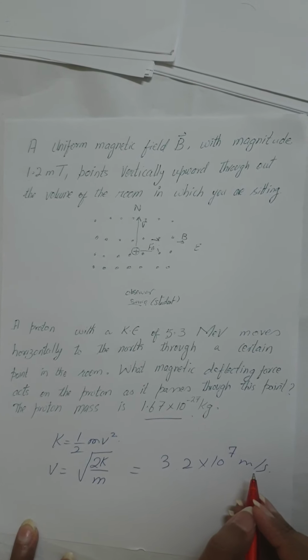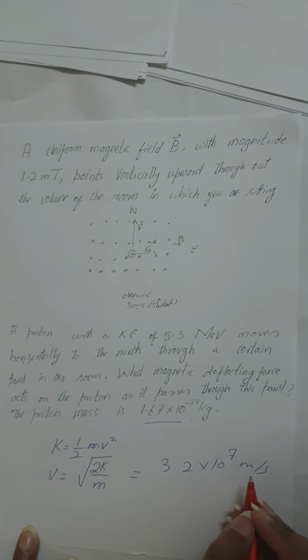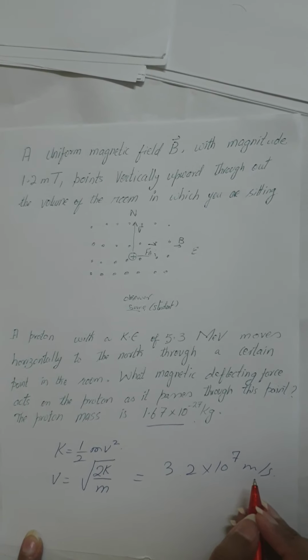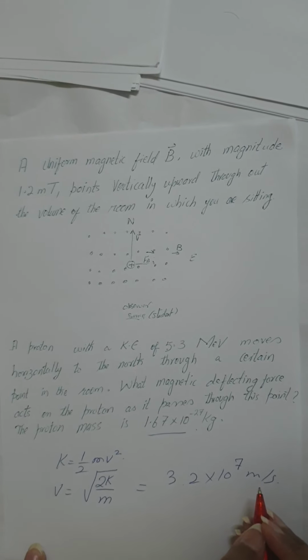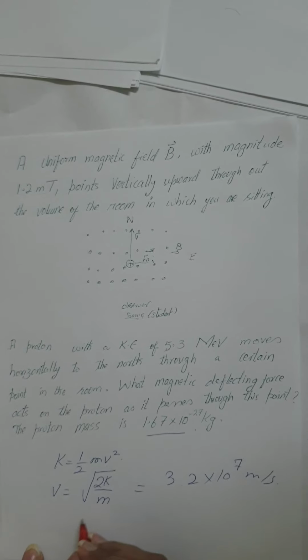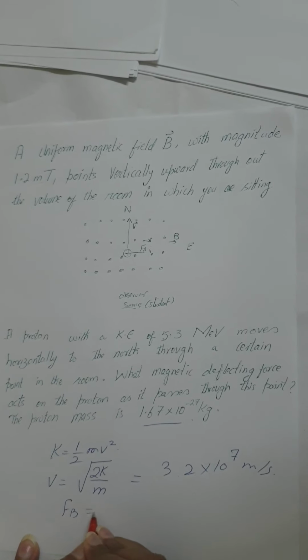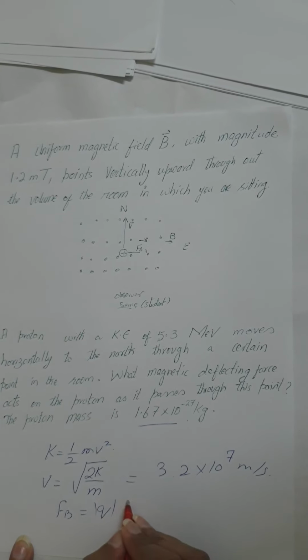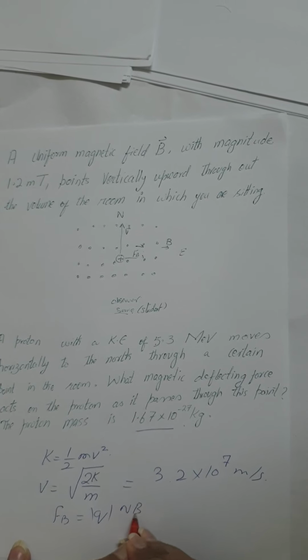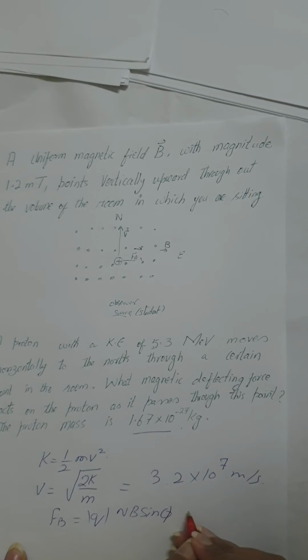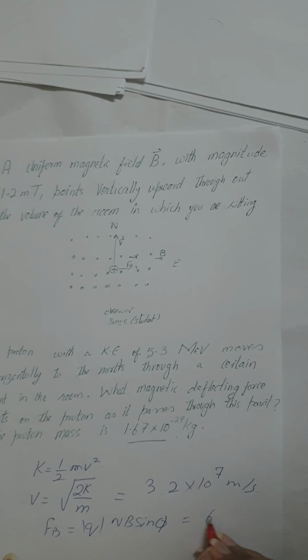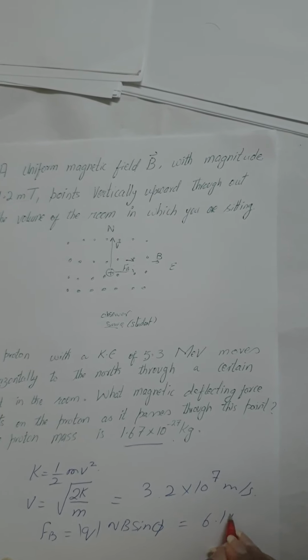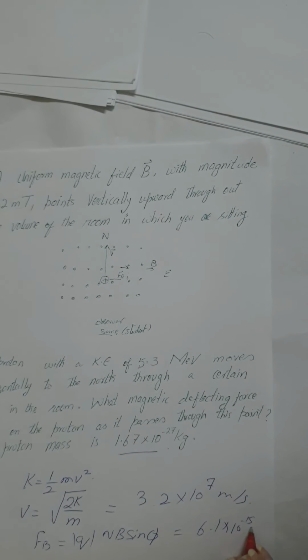Now we are interested in finding the magnetic force. Then F_B is q v B sine phi. After putting the values and simplification, you will get this answer.